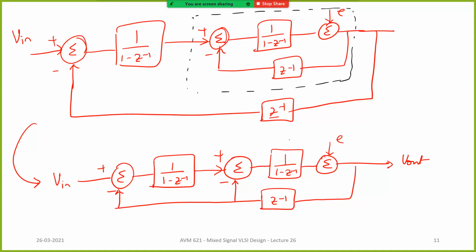Let's say this is V in, and let's call this point Vx. Now how can we write the expression for this?